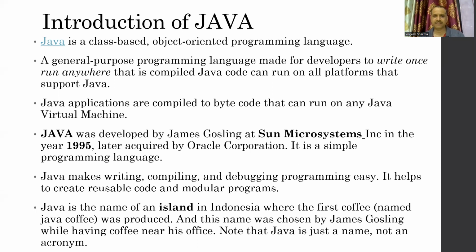As we know, Java was developed by James Gosling at Sun Microsystems. Now it is part of Oracle, and in the year 1995 they developed this particular language. So Java makes writing, compiling, and debugging programs easy, and it helps to create reusable code and modular programming.